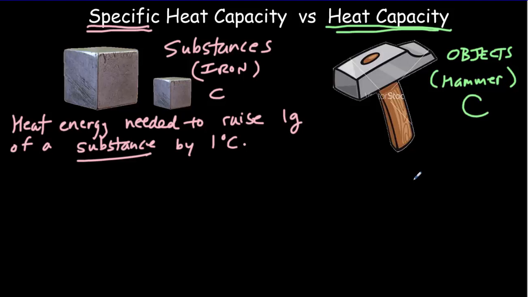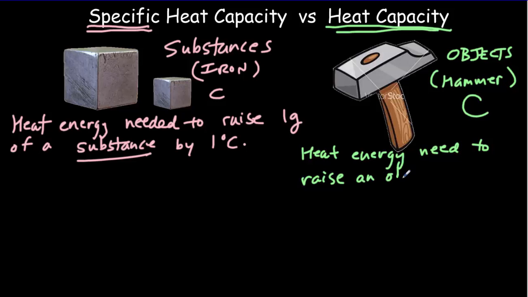And when we defined heat capacity, it's defined in a very similar manner. We say it's the heat energy needed to raise an object. We don't have to specify the mass of the object. Whatever the object is, it will take a certain amount of energy to raise that object by 1 degree Celsius.